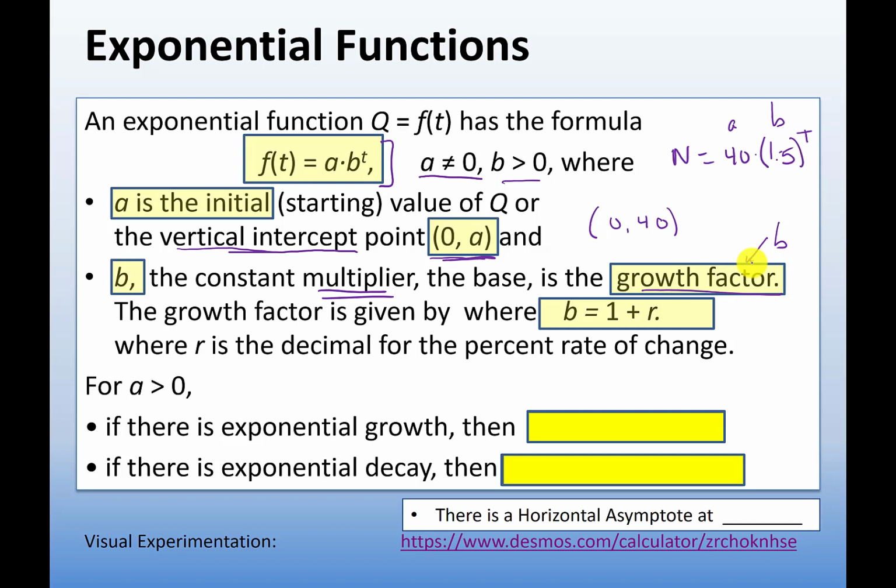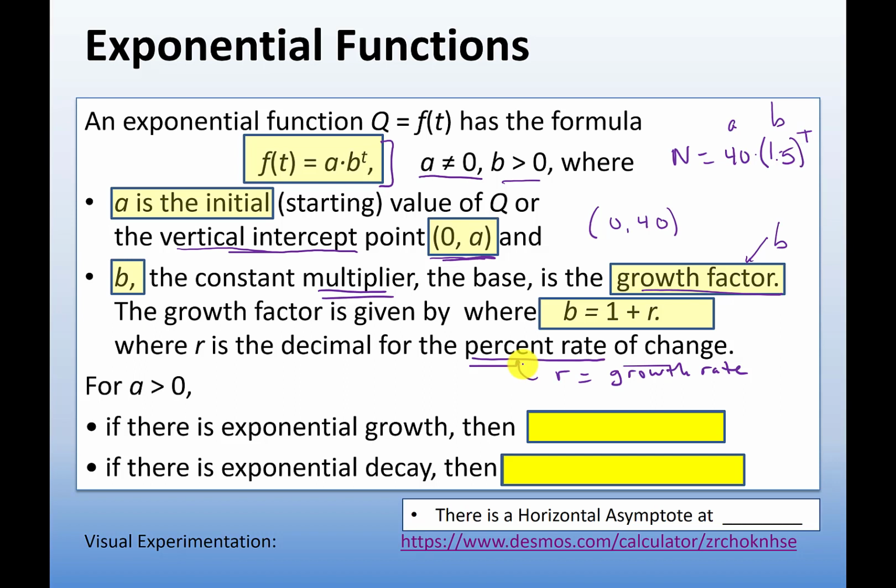And when we're trying to find b, it's often going to be 1 plus r, where r is the percent rate. Now we're also going to refer to r as the growth rate. So the growth rate and the percent rate are meaning the same thing here.